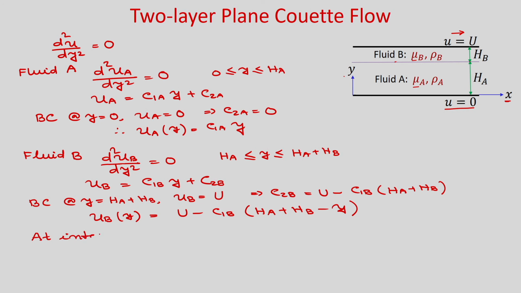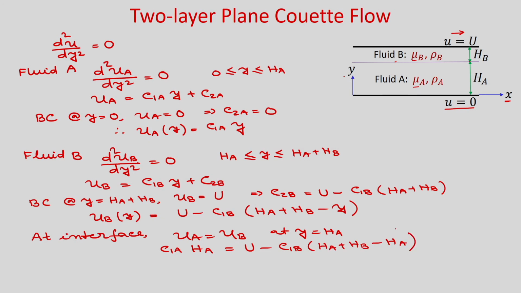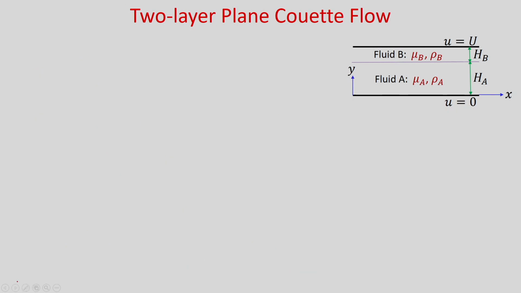So, at the interface, u A is equal to u B at y is equal to h A. If you put it, from this expression you can see u A will be just C1 A h A is equal to u minus C1 B times h A plus h B minus h A. So, this h A will get cancelled and we will get C1 A as u minus C1 B h B divided by h A.